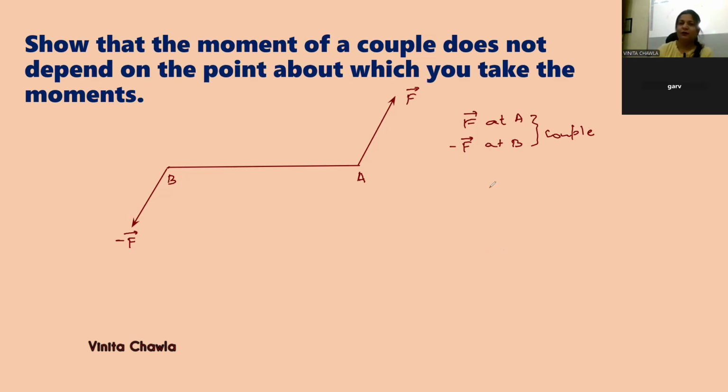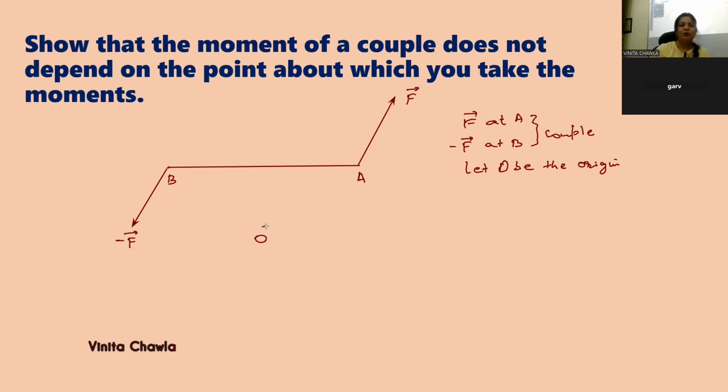Now let O be the origin, and it lies somewhere here. We can take position vectors of both the ends from O.